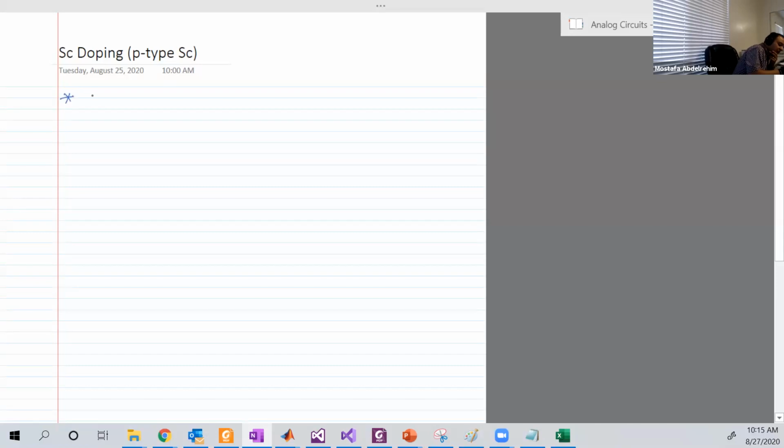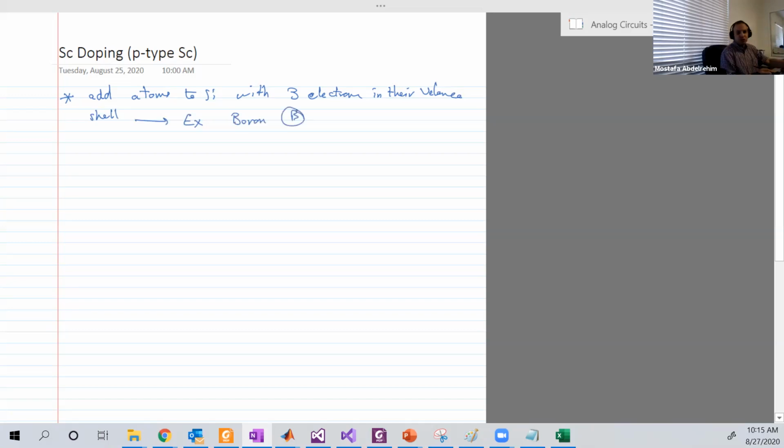So here we will add atoms to silicon with 3 electrons in their valence shell or band or orbital, whatever you call it, like boron. Boron atoms. So what will happen? Again, something similar to phosphorus.